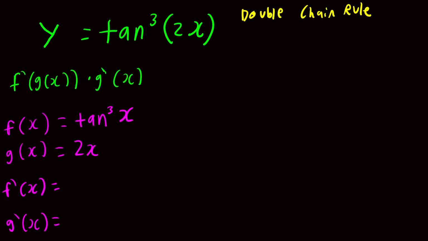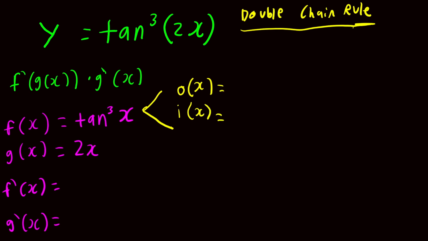So let's break this down. Double chain rule. Now, it's a lot more work, but you have to do it. So let's break this down again, right? Because this is a composite function. Tan cubed x. You can't take the derivative of that just normally. So I'm just going to call it u of x, right? Outer function o of x and inner function.